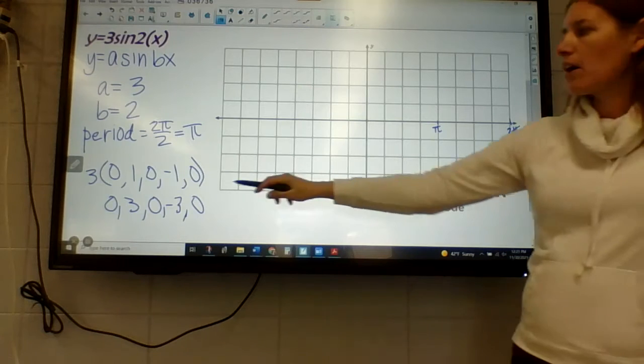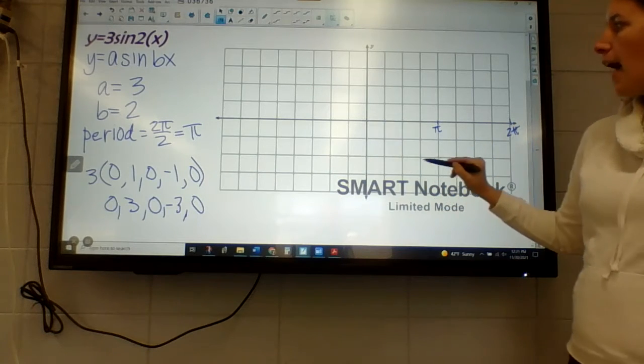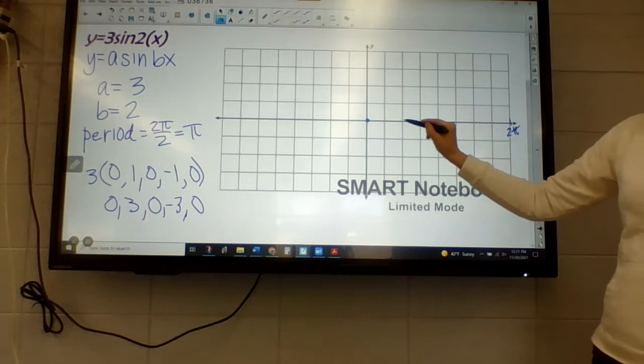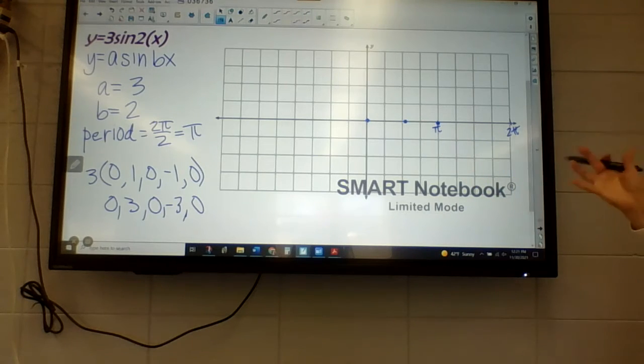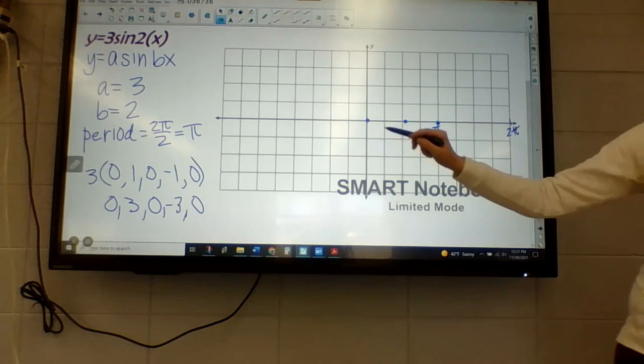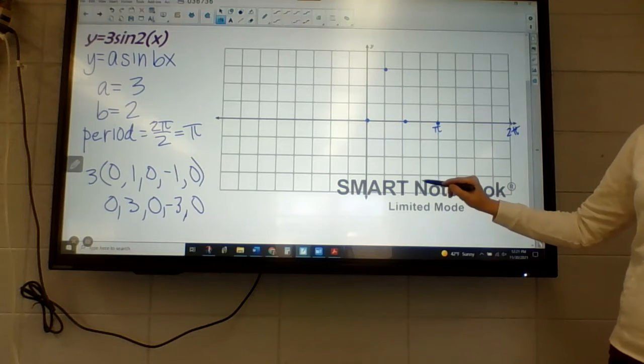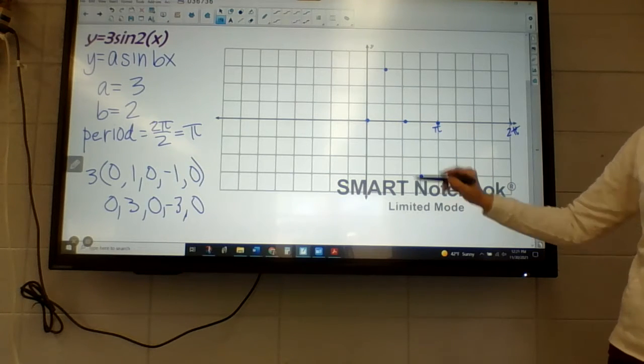So it starts at 0, and it's going to end at 0. And in the middle, it's at 0 again. So again, that's why I like an even number, because it's broken into fourths here. But sine starts at 0 and then goes up to 3, and then down to -3.